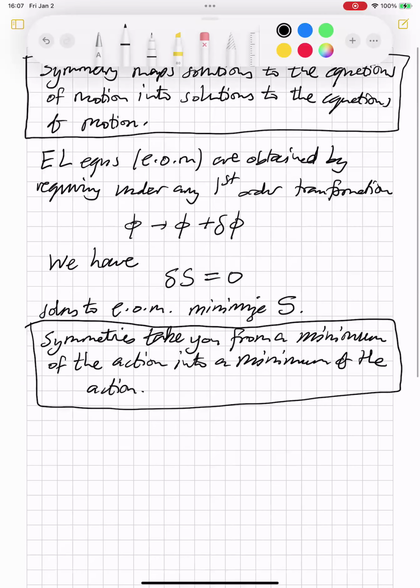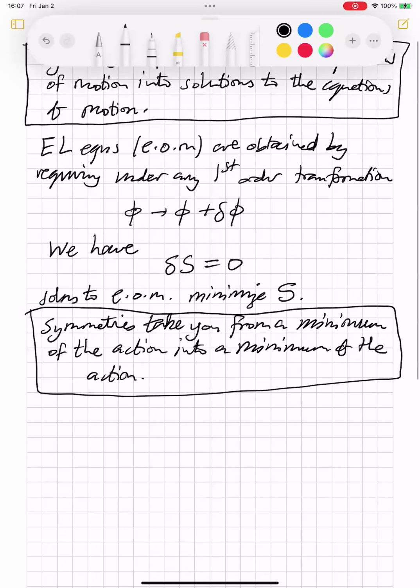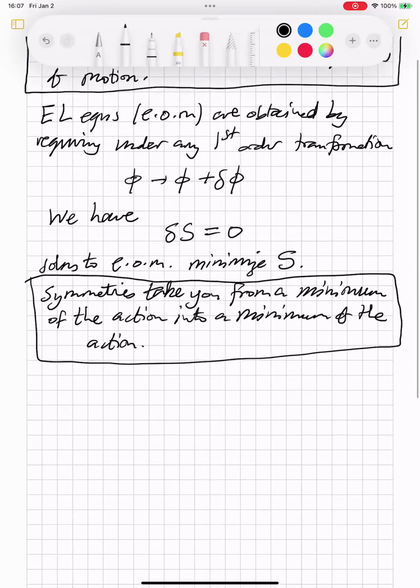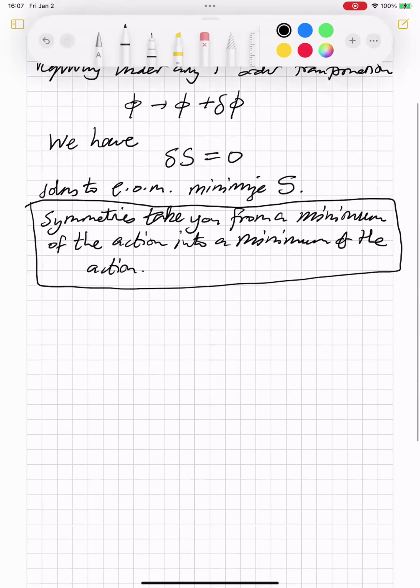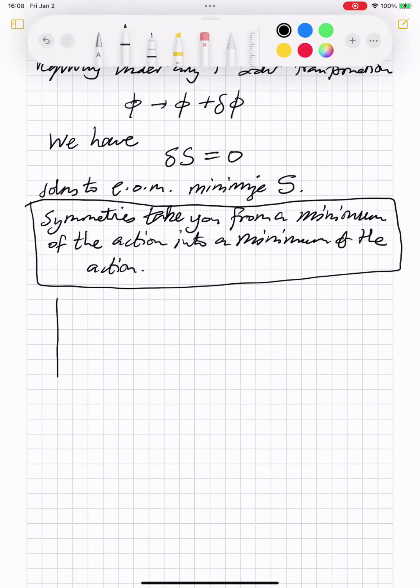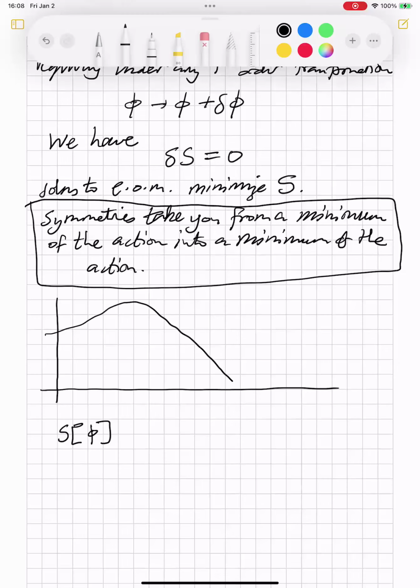Now let's see what that would mean for the value of the action. Well, there's certainly some transformations that we can consider. Let's imagine that I've got some action, S of phi, okay? I'm going to plot it here. So there we go. Maybe it goes like this. This is phi. And then imagine that I do a symmetry transformation.